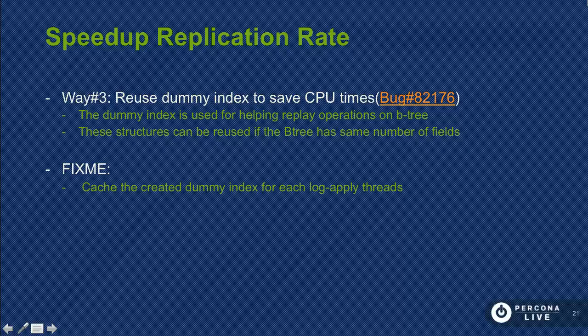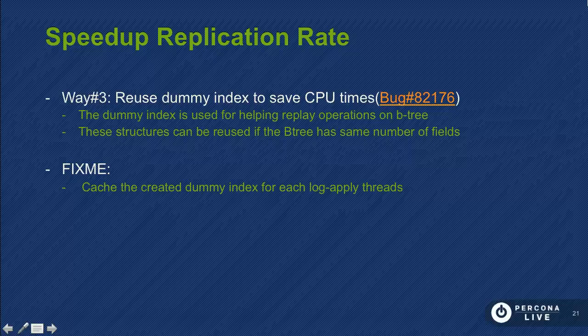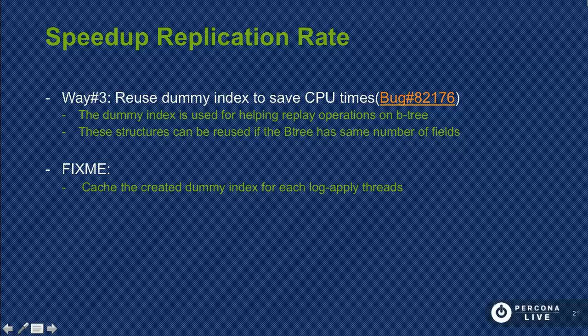So this is time consuming, but the dummy index doesn't store too many meaningful things. It only relates to the data change: if the indexes have the same number of fields, then this dummy index can be reused.